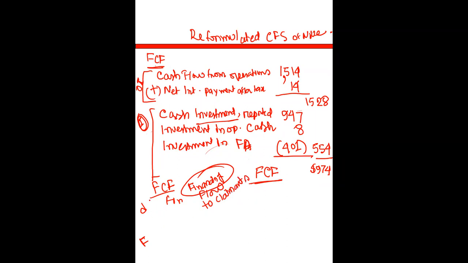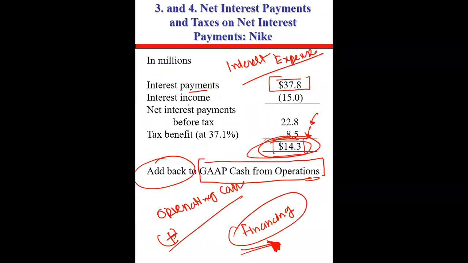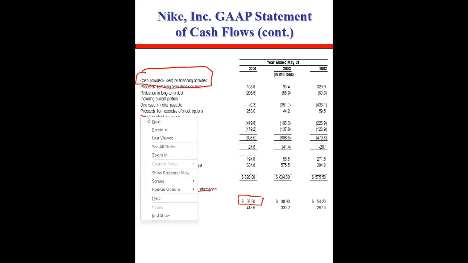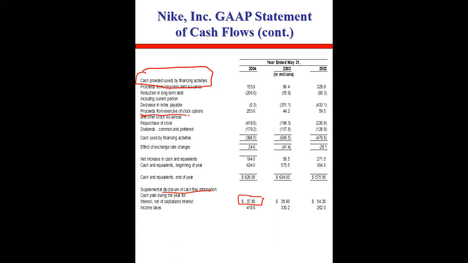Let's talk about the equity holders first. Okay. Let me take you to the financing section of the cash flow statement. Yeah. This is the cash provided by financing activities. Let's talk about the equity first. Okay. Let me ask you, these transactions, proceeds from exercise of stock options and other stock issuances, 253.6 million.